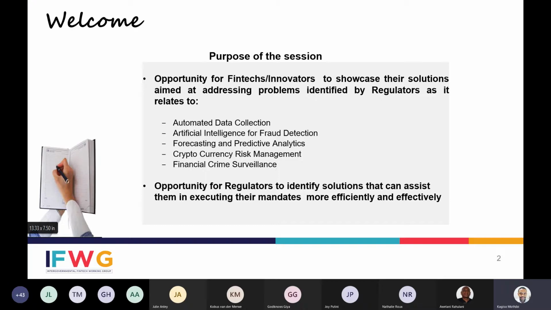And so this will provide an opportunity for regulators to engage and get exposed to what's out there. And stemming from this session, Awelani will then facilitate subsequent discussions should there be interest in subsequent discussion based on how compelling the solutions are.